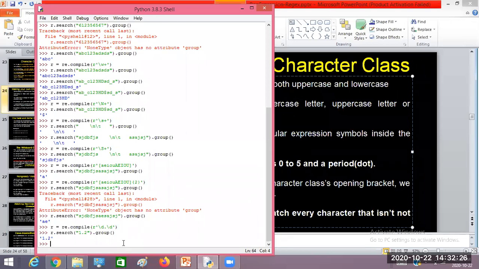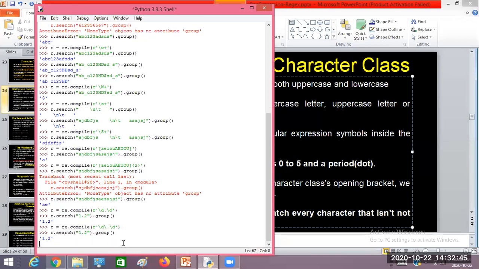Dot. Okay, 1.2. Let me check it. If I put a dot here, this is matching. Nothing wrong here.